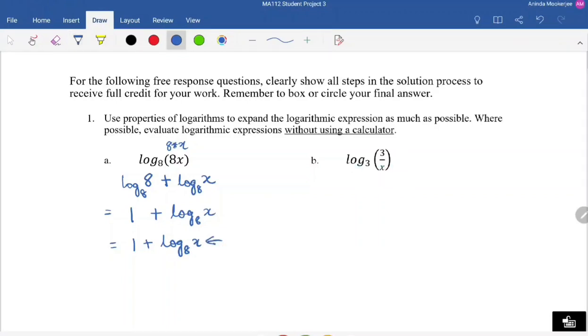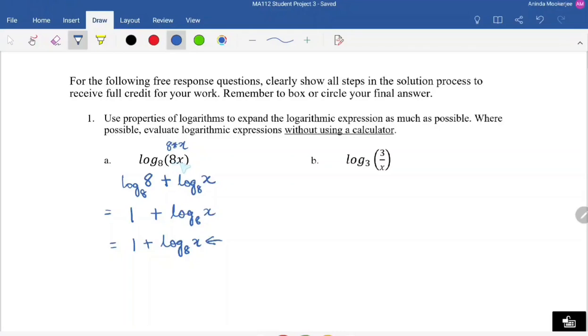Now this one, there's division involved, so this is the quotient rule that we must apply. We have log base 3 of 3 divided by x. In this case, we will be subtracting the terms. Here we added the terms.